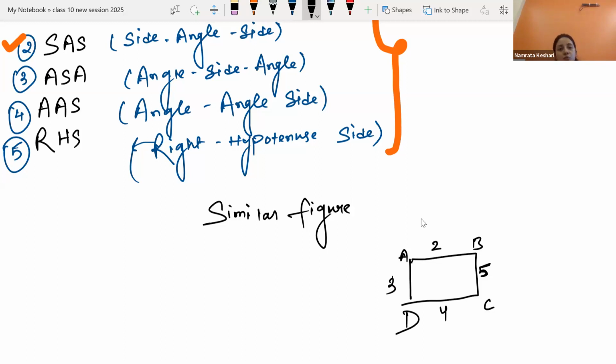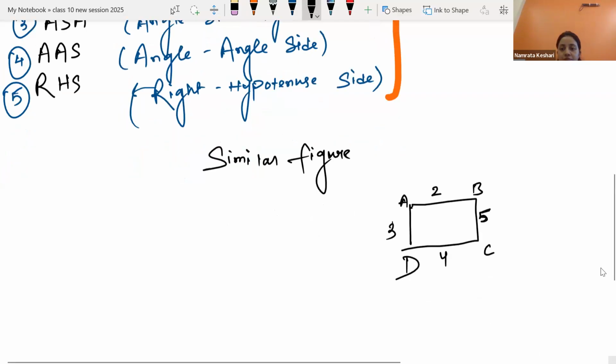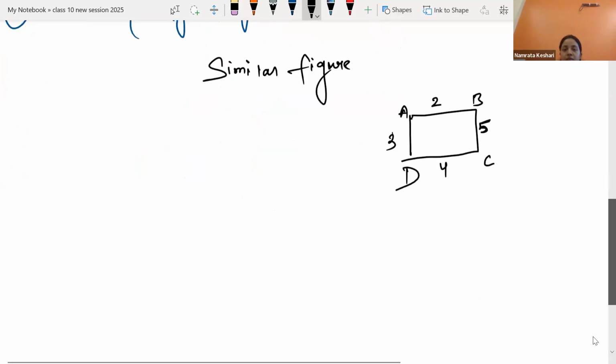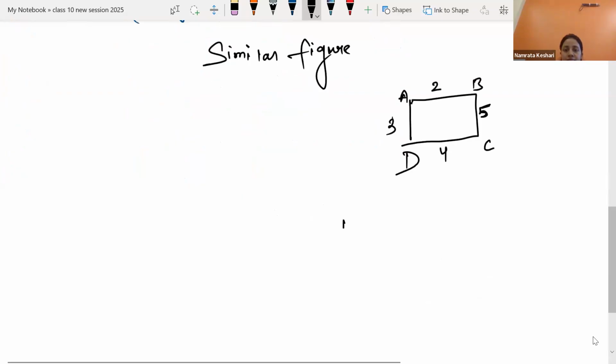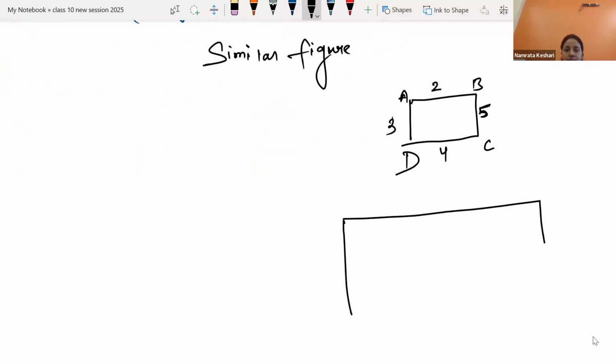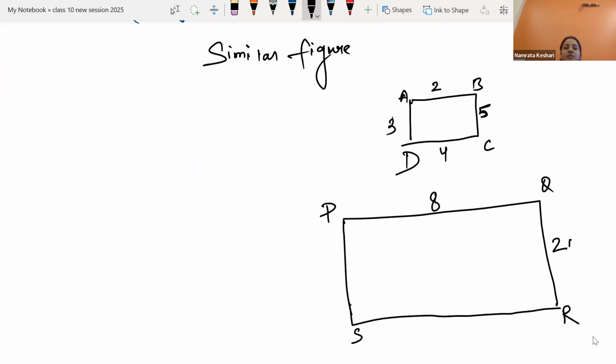Now we are having one more quadrilateral. I am drawing it. This is quadrilateral PQRS. Here PQ is 8 centimeter, QR is 20 centimeter.